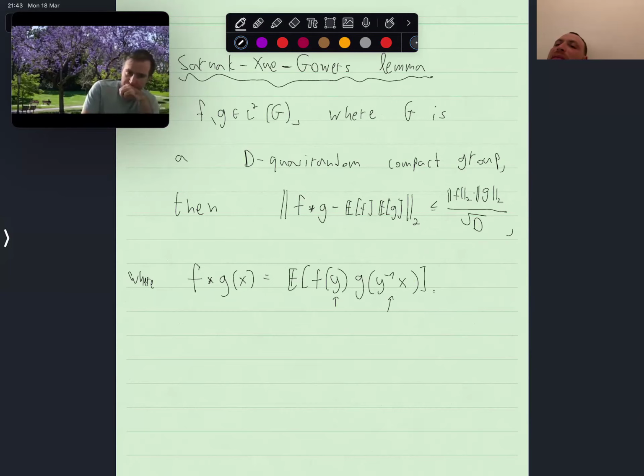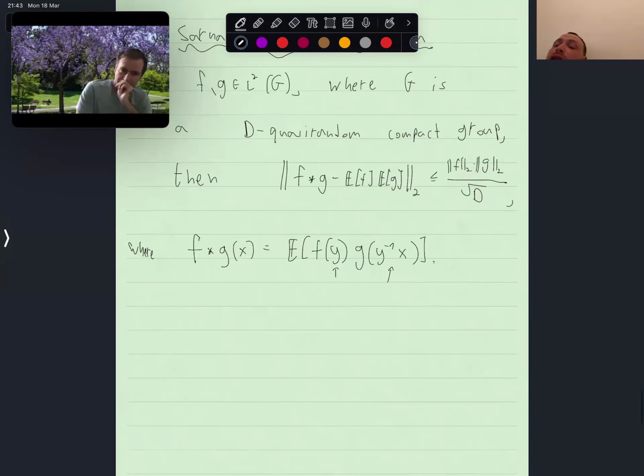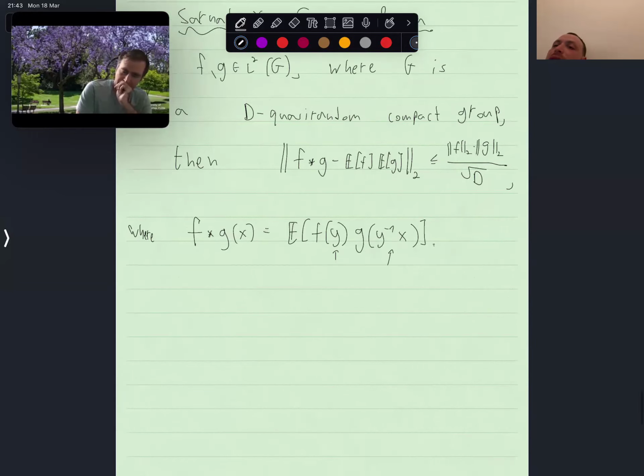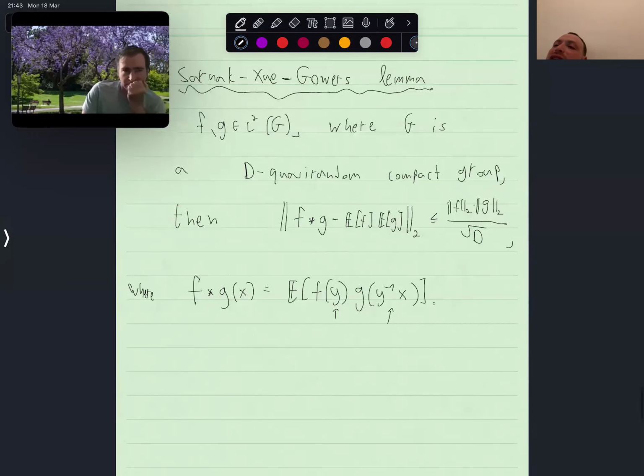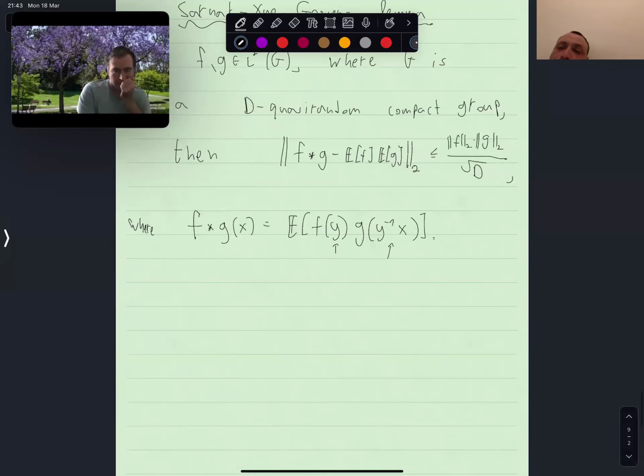You can approximate the convolution of F and G with the product of the expectations in L2. So Y and Y inverse X behave like independent random variables. And this was the key ingredient behind Gowers' proof.